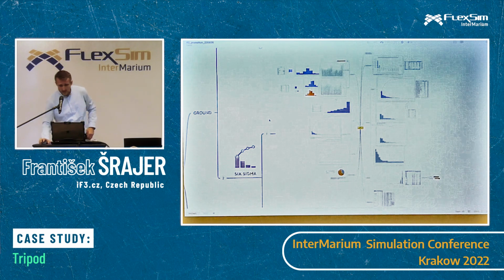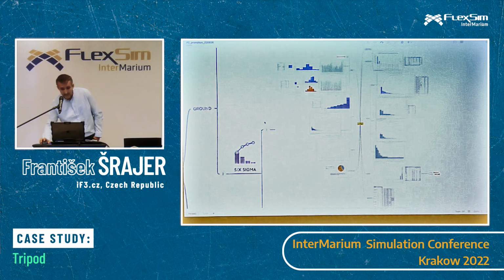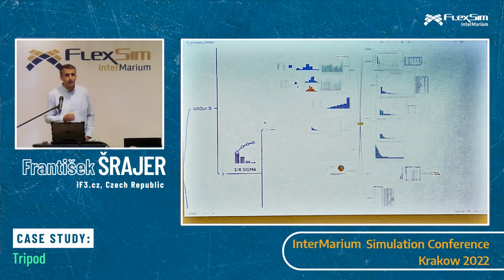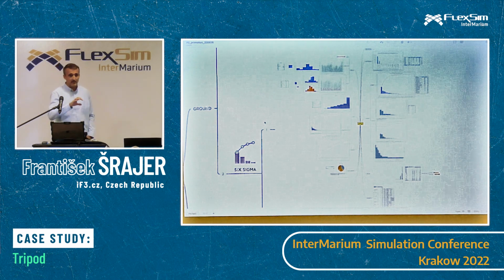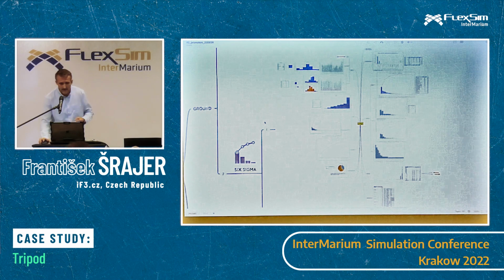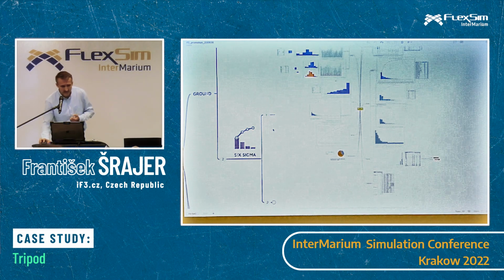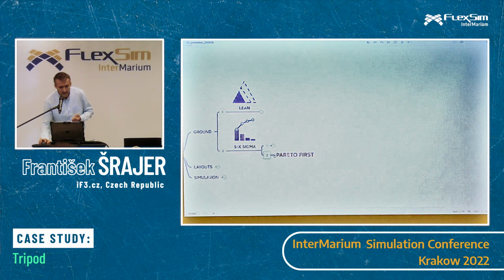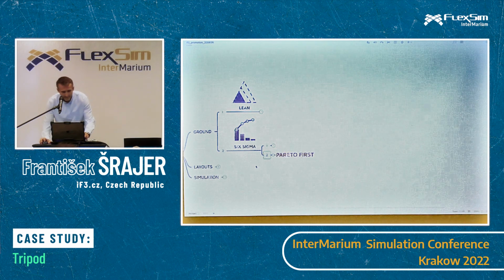And as you can notice, in most cases you can see that Pareto charts are placed there. This is my highlight out of this Six Sigma package, and it is Pareto first.